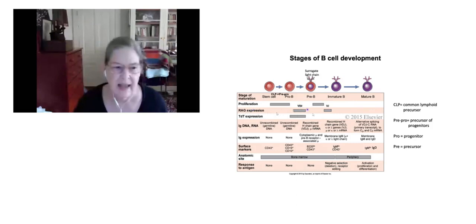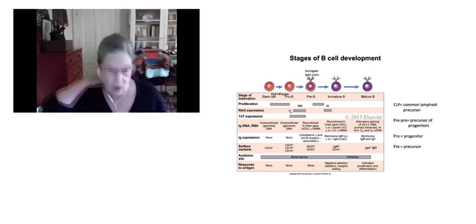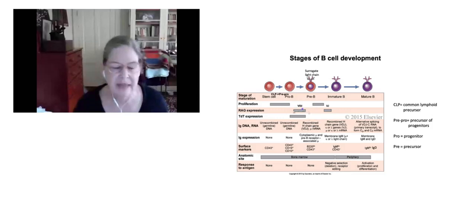And that's going to be a recombinase that's making it come together, and I'll talk about that in a minute. And also, you're going to have TDT adding nucleotides on the ends of the joints to variegate these joining regions even more.